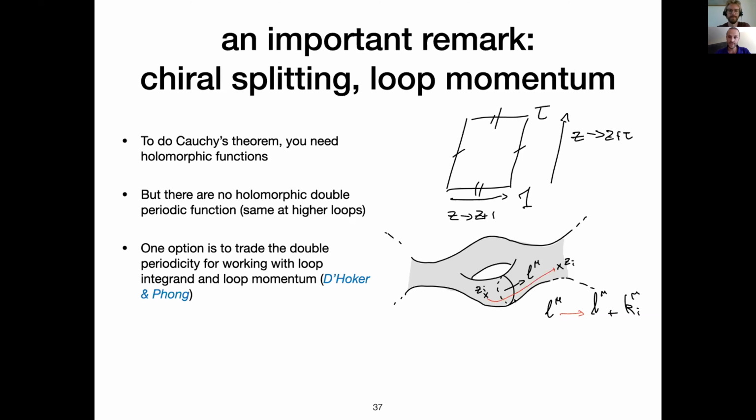So this breaks the double periodicity, but guarantees that your integrand is now holomorphic, so you can apply Cauchy's theorem. And this little drawing here explains really rapidly the idea, but we figured with Oliver that maybe it would be better to explain it in a longer way tomorrow morning during the discussion. So let me just explain quickly what's happening here.